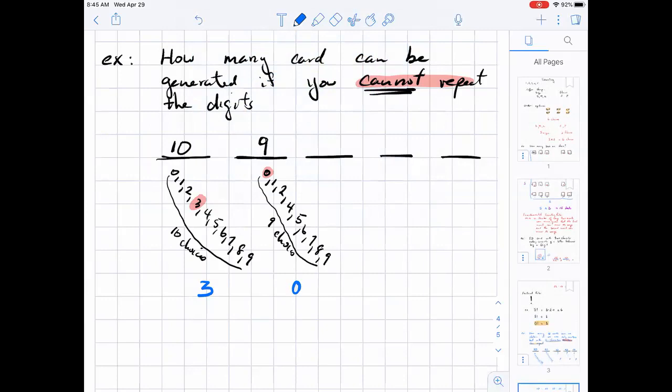The next time around we do this, we only have 1, 2, we've used 3, we've used 0, 4, 5, 6, 7, 8, and 9. So in this case now, we only have 8 choices. So let's say we decide to pick 9 now.